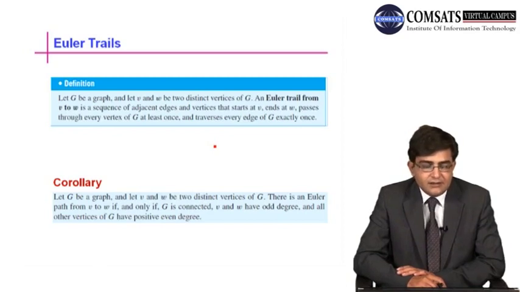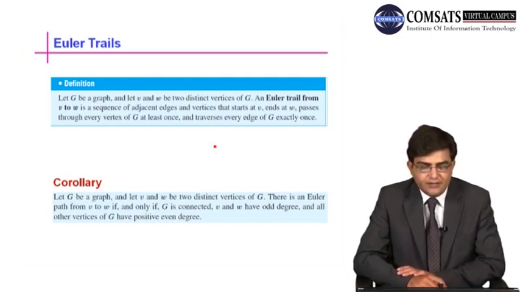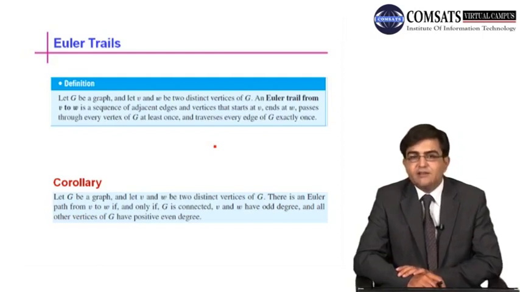So there is an important result which helps us to construct Euler trials for given graphs. It's a corollary. Let G be a graph and let V and W be two distinct vertices of G. There is an Euler path, or Euler trial, from V to W if and only if G is connected, V and W have odd degree, and all other vertices of G have positive even degree.